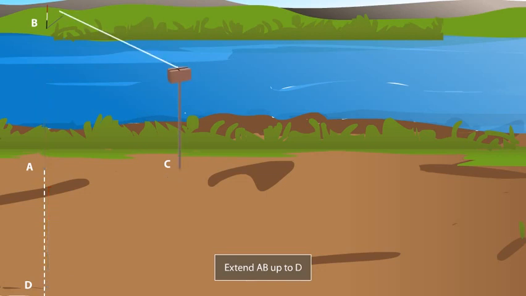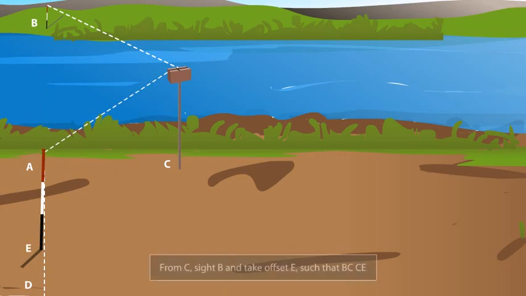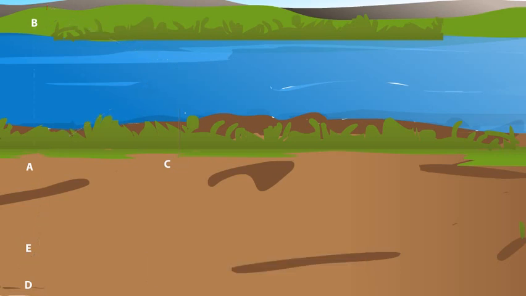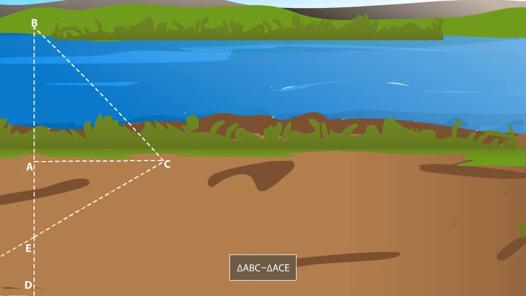Then, set the cross staff at C and sight the ranging rod at B through the staff. Keeping the cross staff at C, take a perpendicular offset to BC up to E such that the ranging rod at E is on the line AD. In this way, you obtain two similar triangles, ABC and ACE.